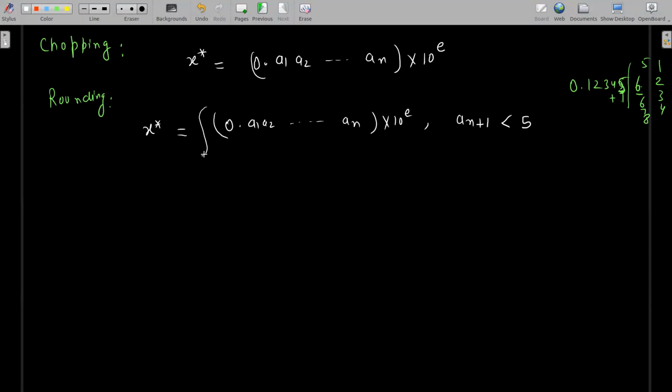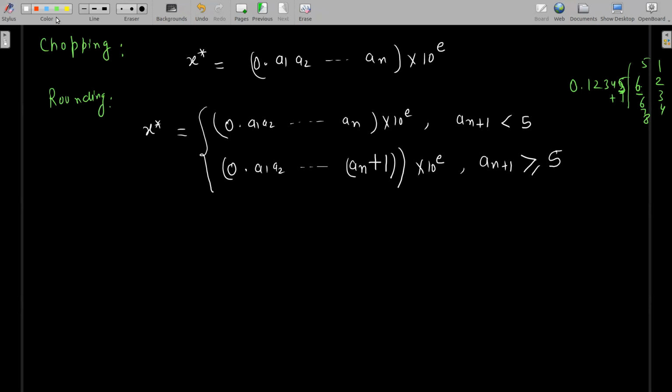And I can write both in one: I will add 1 in this last place if the next digit is bigger than or equal to 5. Okay, clear? So in rounding, you also see the next digit.